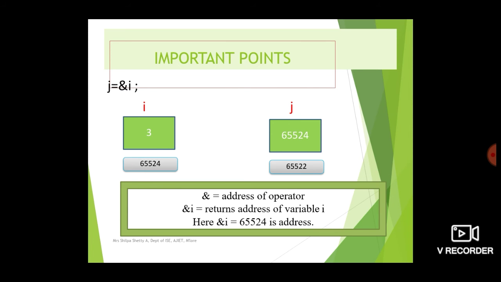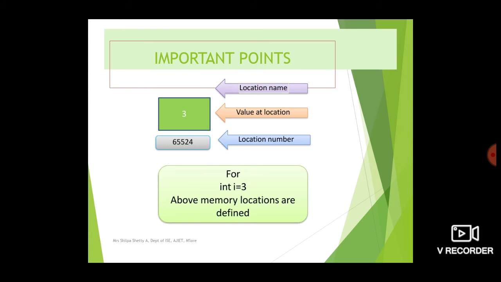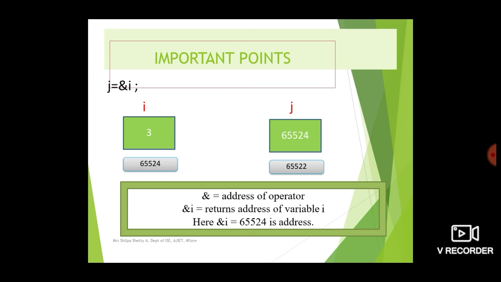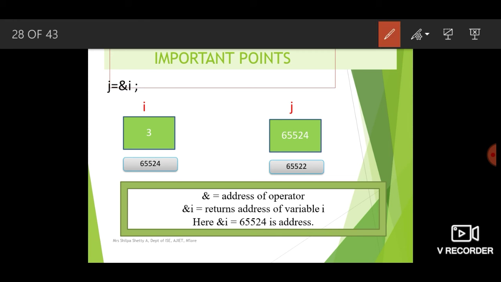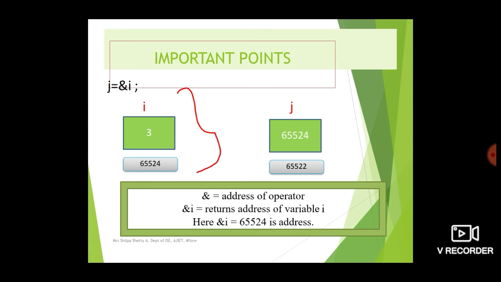That value will get stored in j here. I hope this is clear. When we write int i is equal to 3, one variable called i is created whose value is 3 at this particular address, that is 65524.